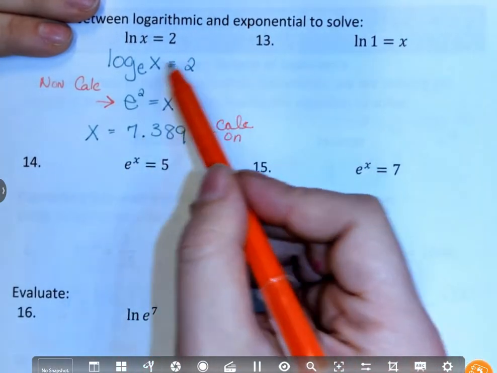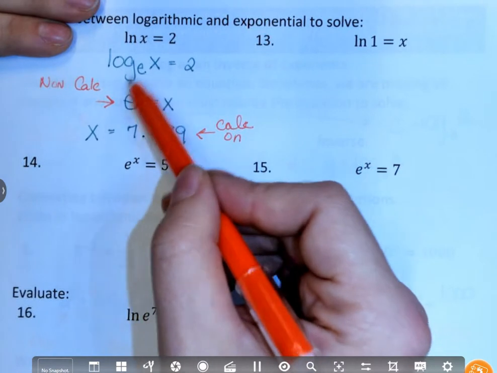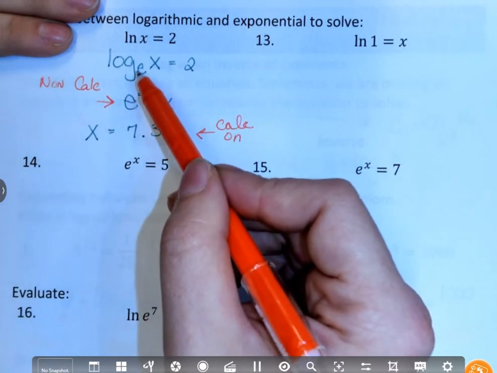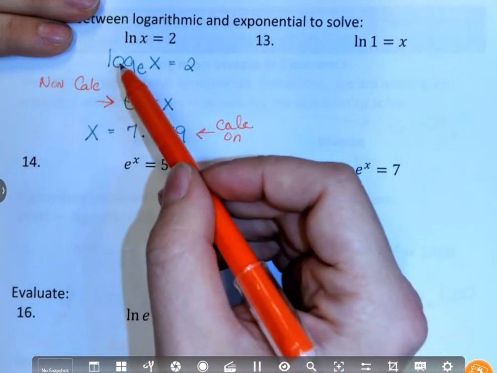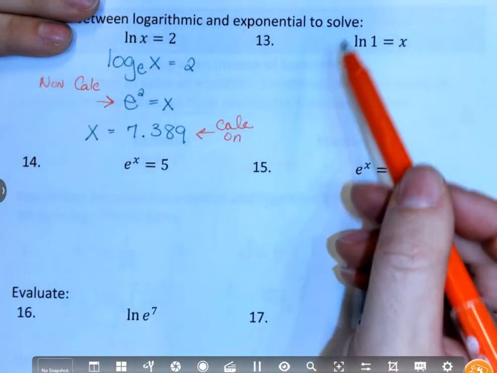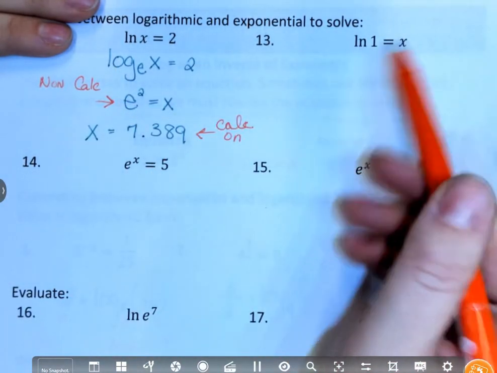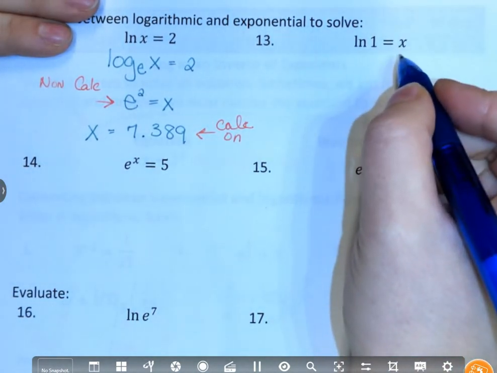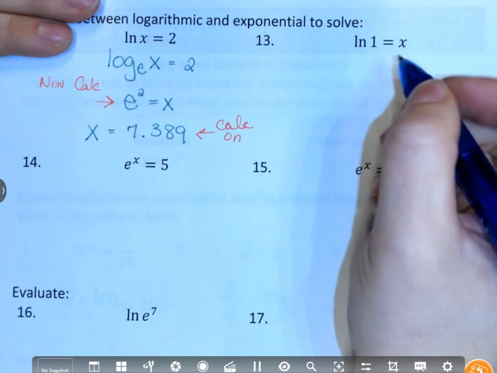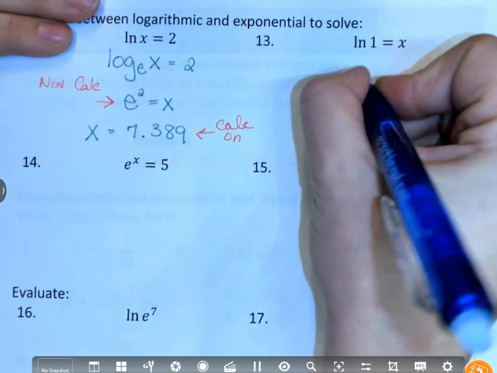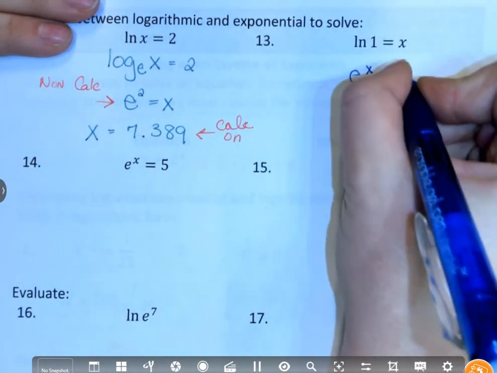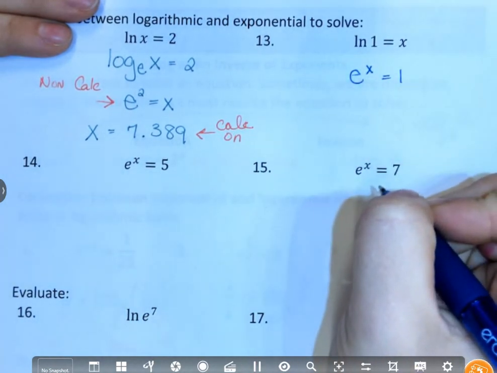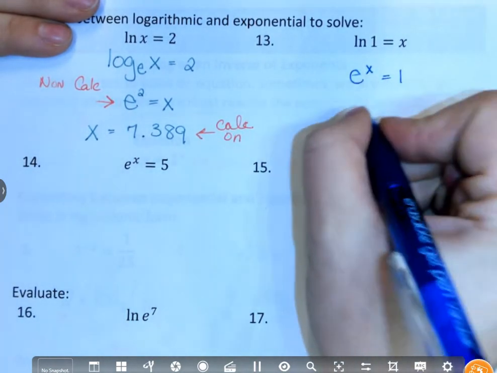And by the way, ladies and gentlemen, you don't have to go to this step here unless you really, really, really want to. So can anybody skip this step and tell me what this would look like in exponential form? e to the x equals 1. 0.